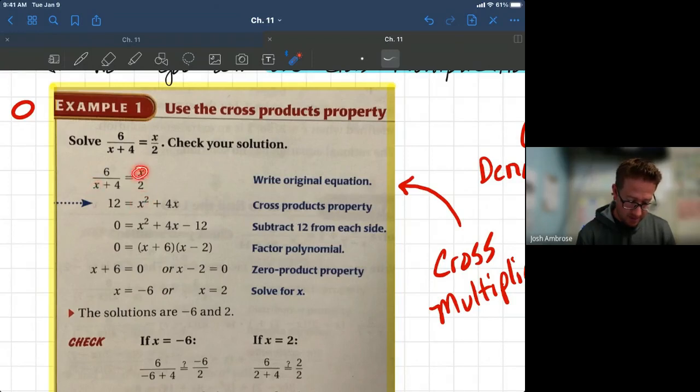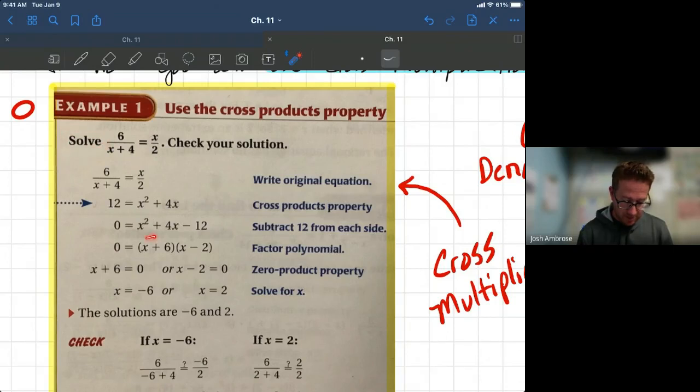Then x multiplied by 4 gives you the 4x. Then take the 12 and move it over, so now it's minus 12. Now you're looking at a trinomial that you will need to factor. Double parentheses, factor the trinomial, and then solve.